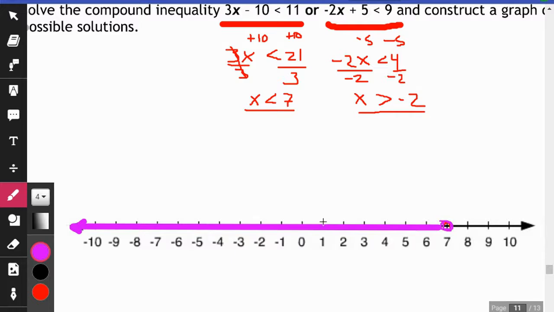That's all the numbers where x is less than 7. Now I'm going to pick another color for x being greater than negative 2. X greater than negative 2 is going to look like this.